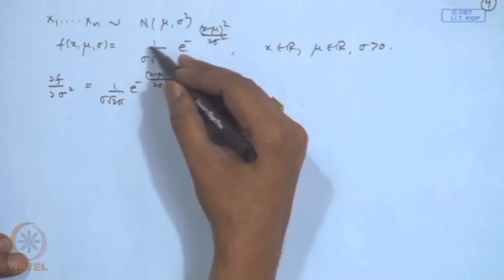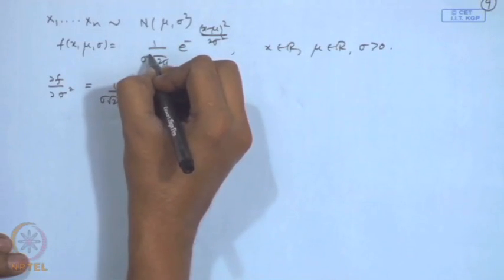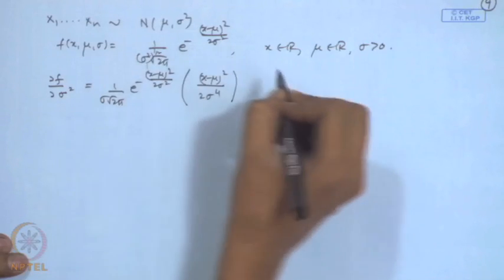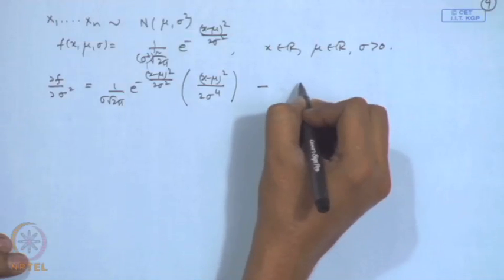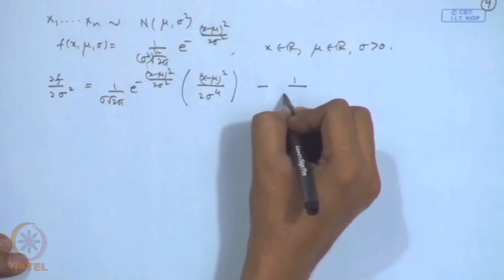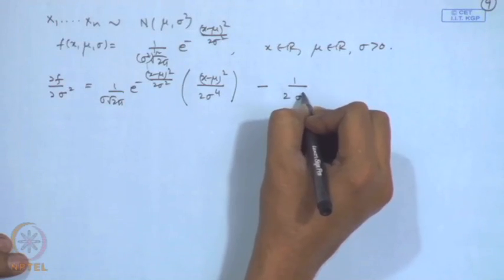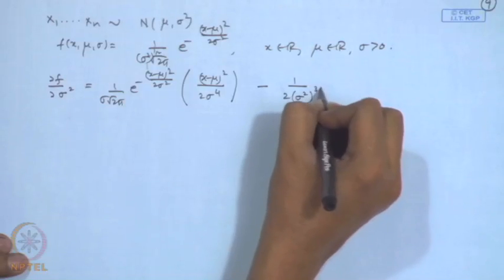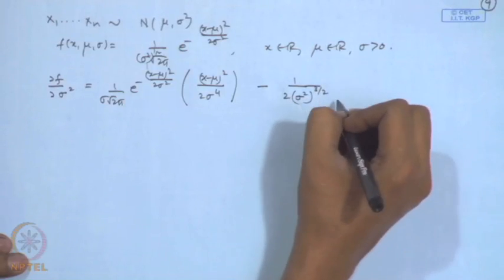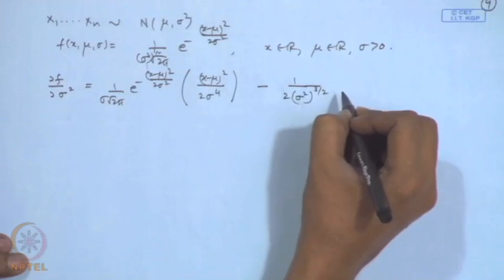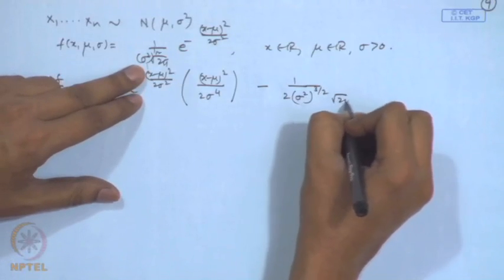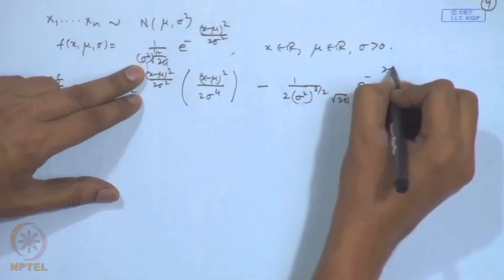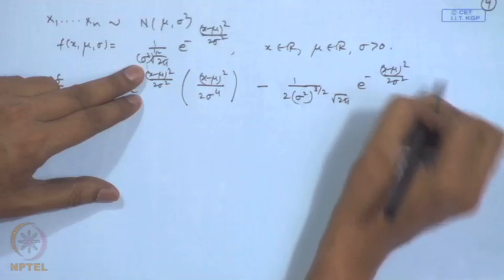Now, we consider derivative of this. Now, this term we will consider as sigma square to the power half. So, the derivative of that will become minus 1 by 2 sigma square to the power 3 by 2, and then you have root 2 pi e to the power minus x minus mu square by 2 sigma square.